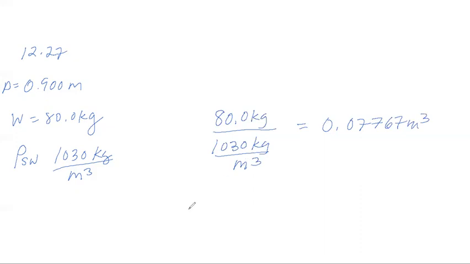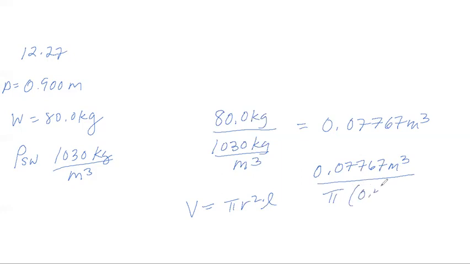And now volume of a cylinder equals pi r squared L. So I want to know L. So 0.07767 meters cubed divided by pi times 0.45 meters squared is going to give me L. And let's see, L is going to be equal to 0.122 meters. So that's how much it will sink.